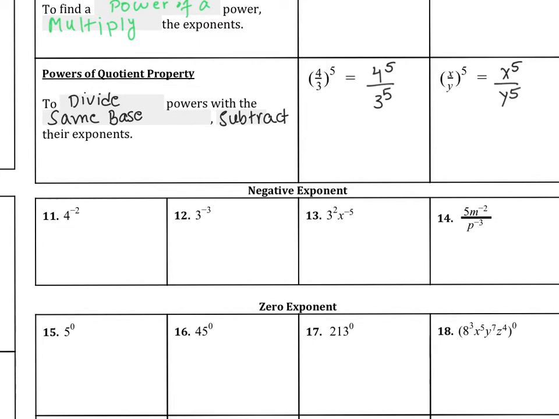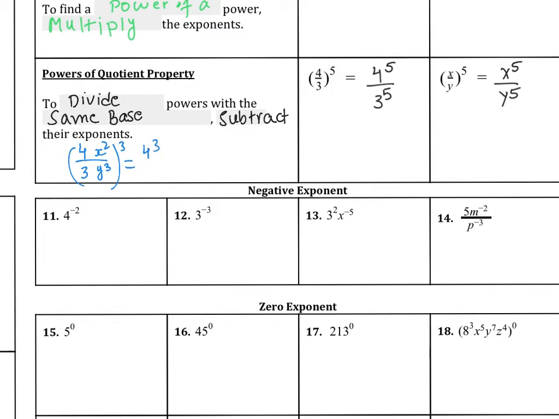And if you want to look at the other examples, such as 4x squared divided by 3y cubed, and the power is 3, for example, then you're going to take this power to each number inside.